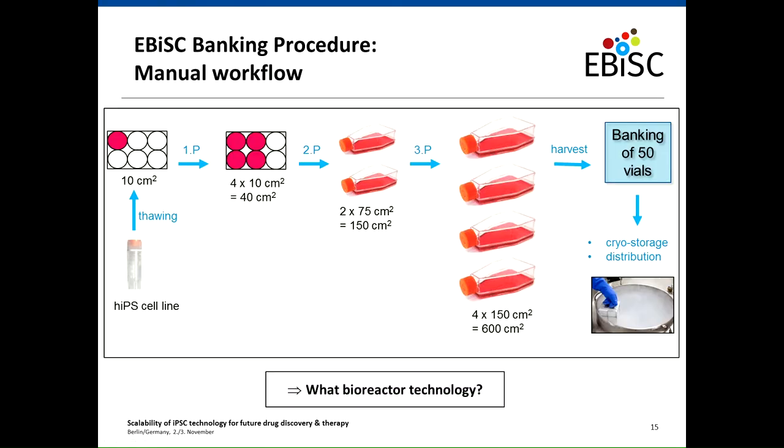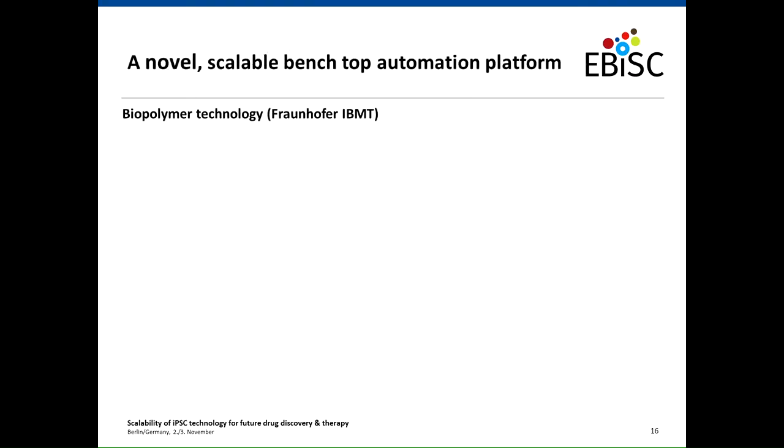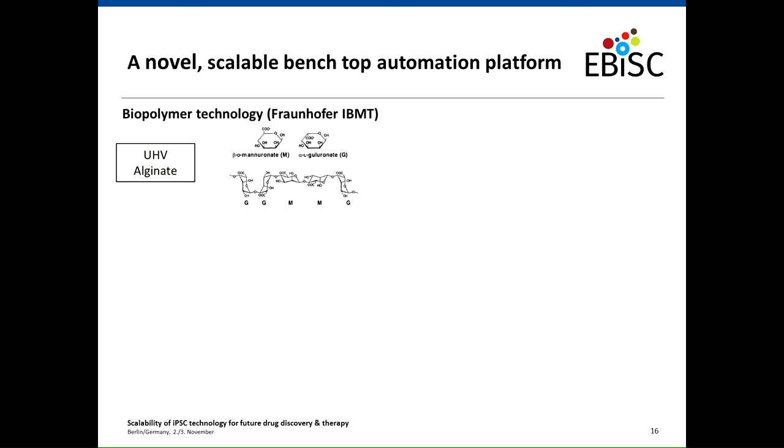So now we have the microcarrier we want to use, we have the workflow, and now we had to decide on the bioreactor technology. As I already mentioned, we have this biopolymer technology at Fraunhofer IBMT. We use a quite special alginate where we have the complete production process.